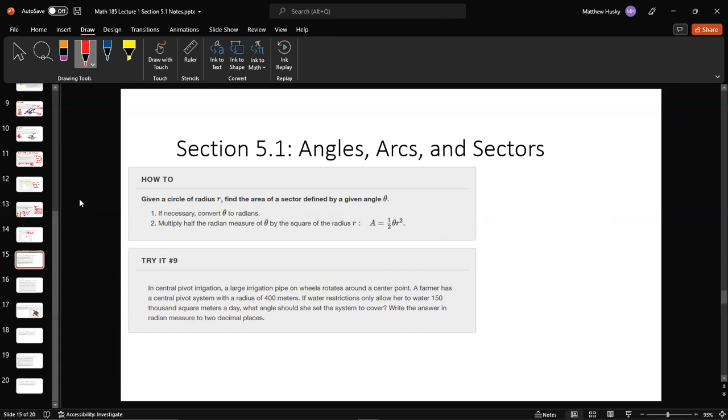So what do we have in this example? In a central pivot irrigation, a large irrigation pipe on wheels rotates around the center pipe. It has a radius of 400.